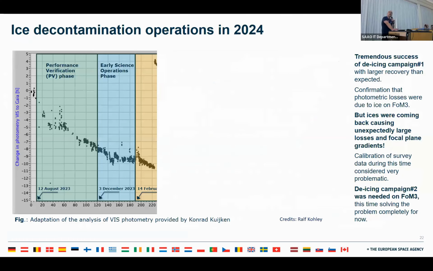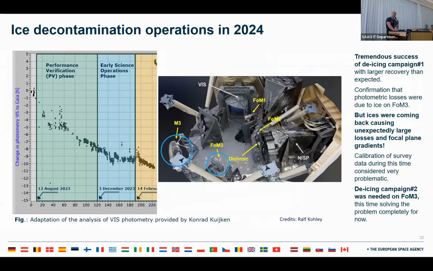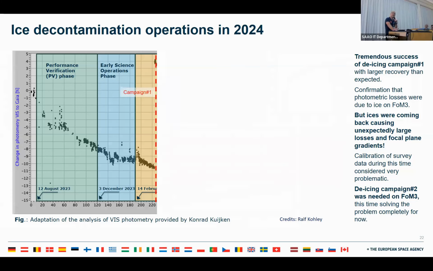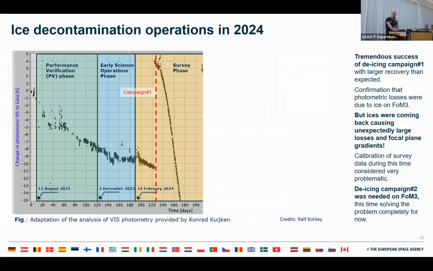The spectroscopic performance is from the slitless spectroscopy shown here, but this is not really relevant to us, but all is compliant. What was a big challenge in 2024 is that we noticed that the throughput of the telescope was going down in the visible channel, and you see that the variation was more than 10%. And then we implemented targeted decontamination, a heat up of 2 mirrors to get rid of the suspected ice. And it was completely gone, but unfortunately it was coming back in a much faster way than before.